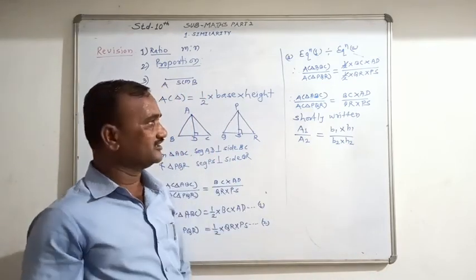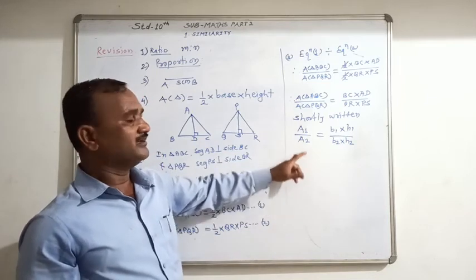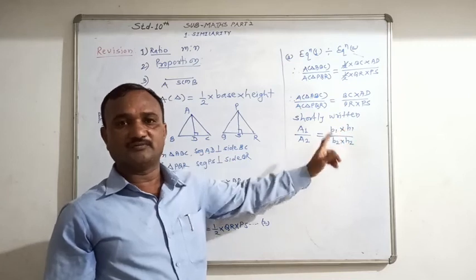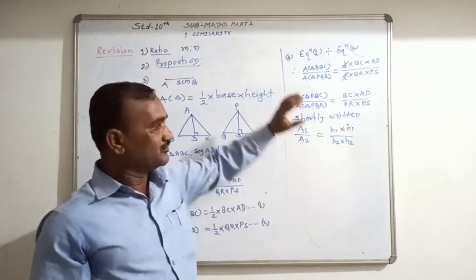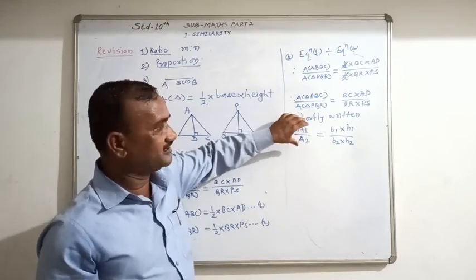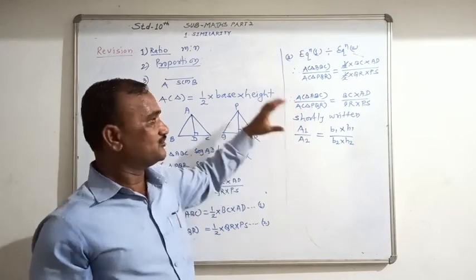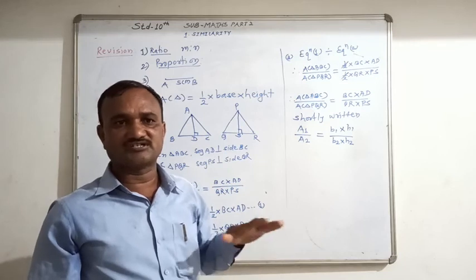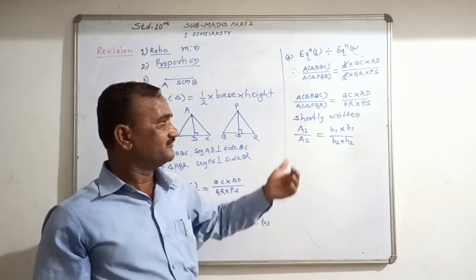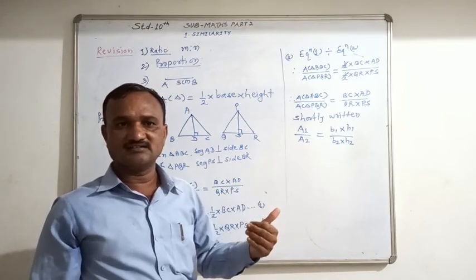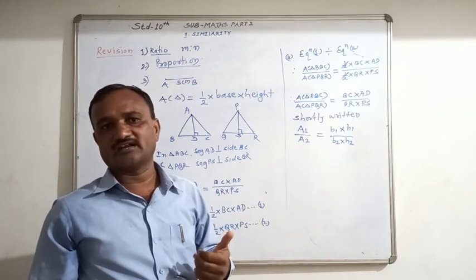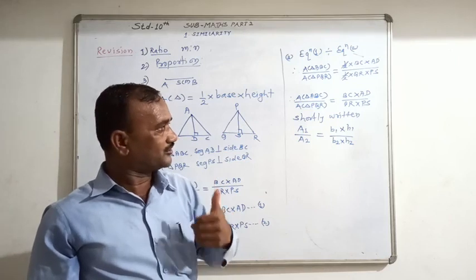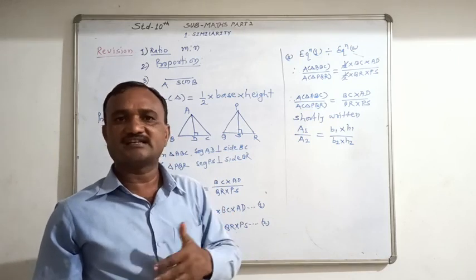So shortly, A1 upon A2 is equal to B1 into H1 divided by B2 into H2. We have to use this short form to solve the examples. This is a very important property to study the similarity of two triangles. First property, the ratio of areas of two triangles is equal to the ratio of the product of their bases and corresponding heights.